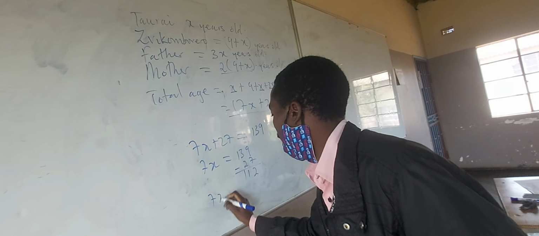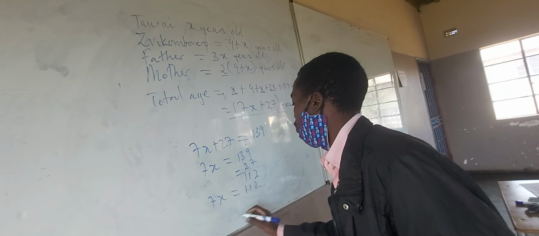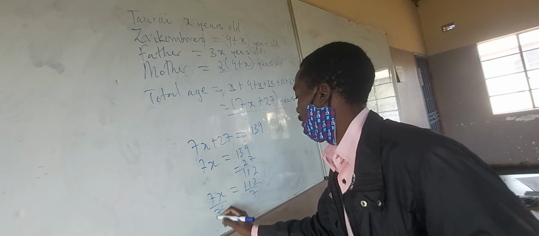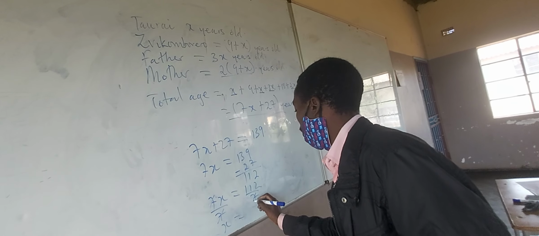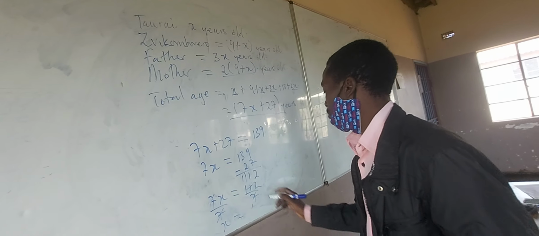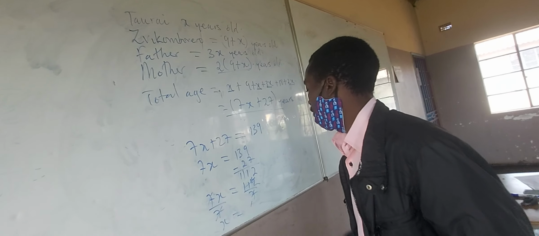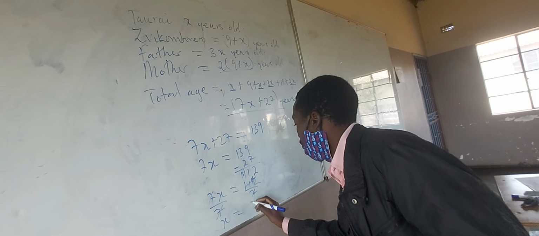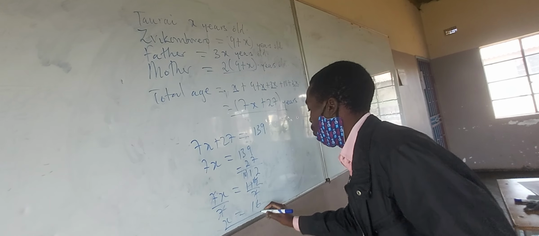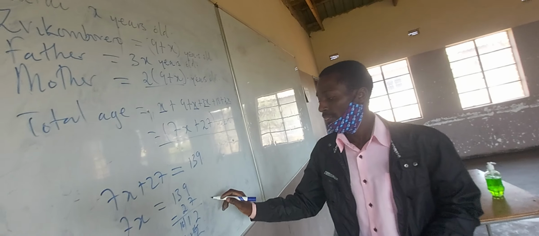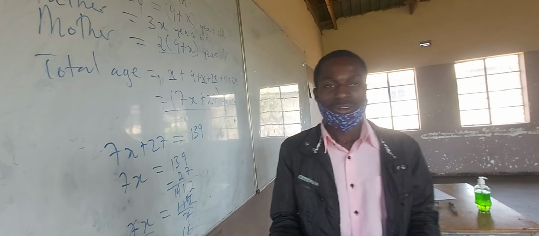So 7x is equivalent to 112. Then I divide both sides by 7. So my x becomes 7 into 11 is 1, and 4. 7 into 42 is 6. So x is equivalent to 16. That's all. Good day.